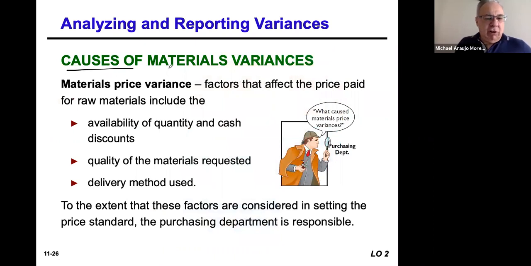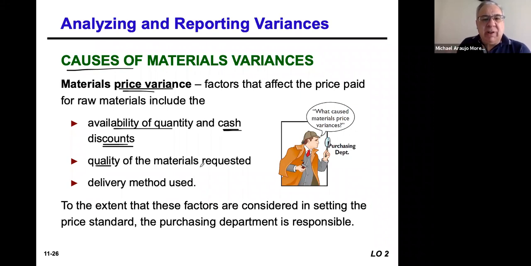So what can cause variances in materials? Well, for price, factors that affect the price might just be what's available. Were we able to take any cash discounts or not? Because again, if we take a cash discount, that lowers the price of our raw materials, our inventory, right? What about the quality of those materials?